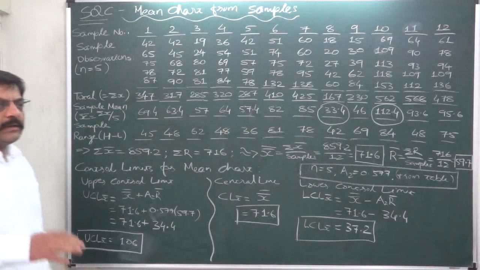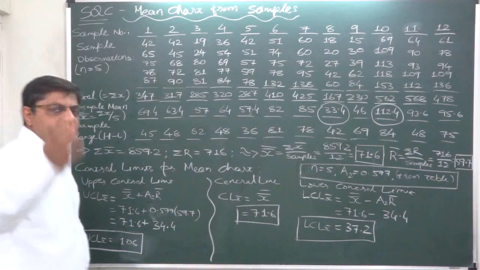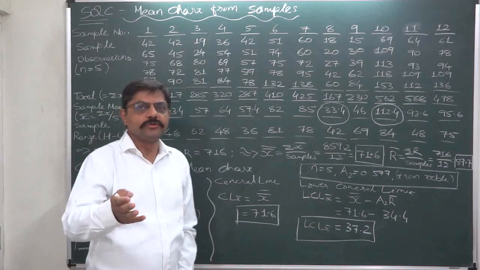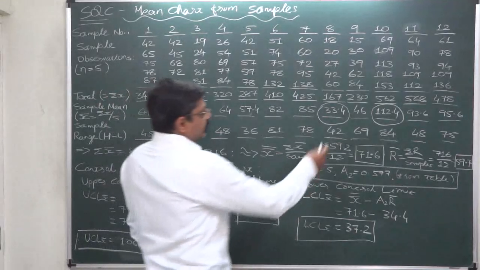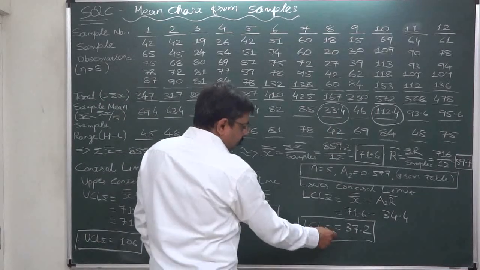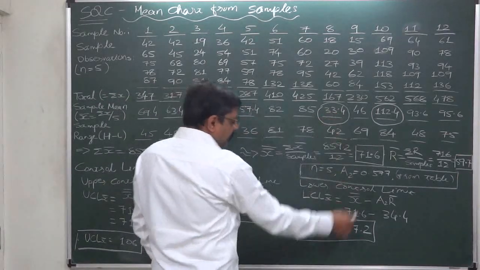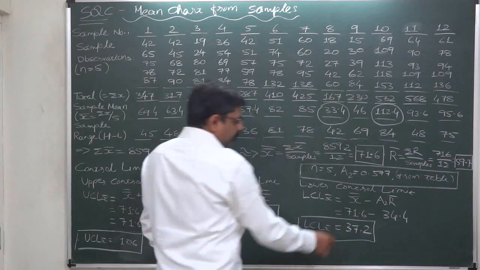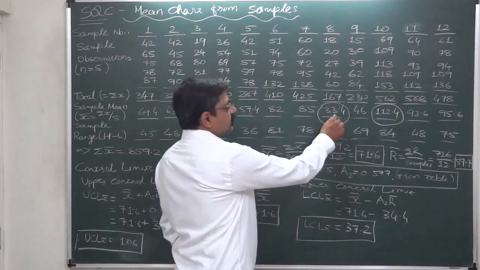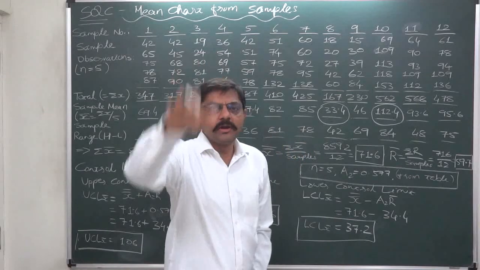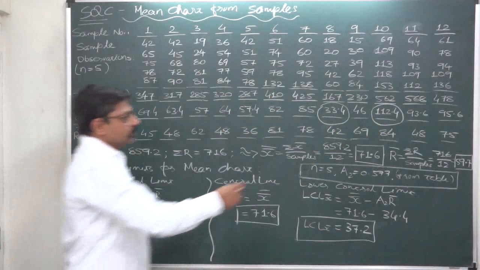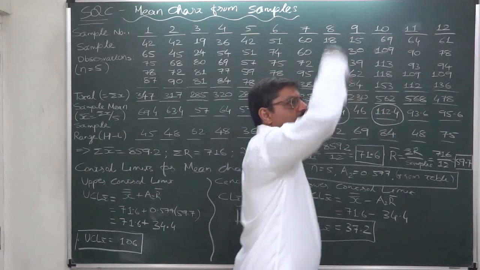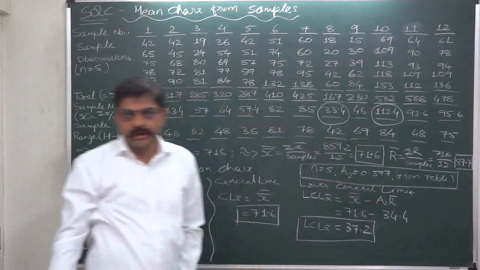And whoever has studied the first lecture on SQC, mean chart, carefully, can understand that this sample mean is less than the lower control limit. That means this is below the lower control limit. Similarly, this is greater than the upper control limit, so this will be above the upper control limit.